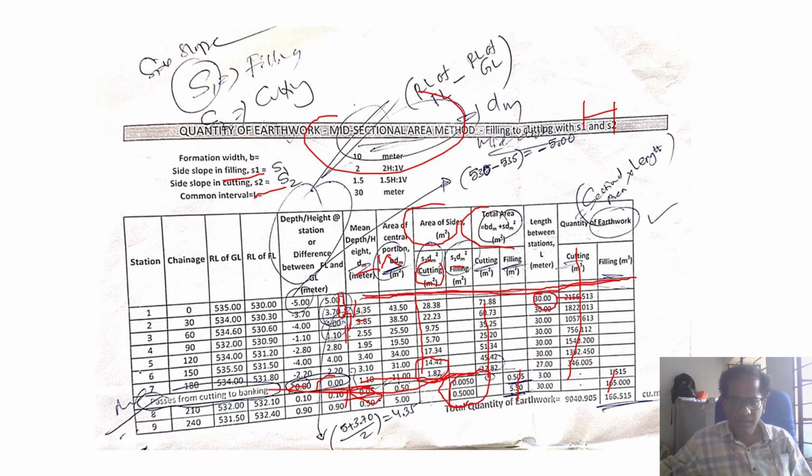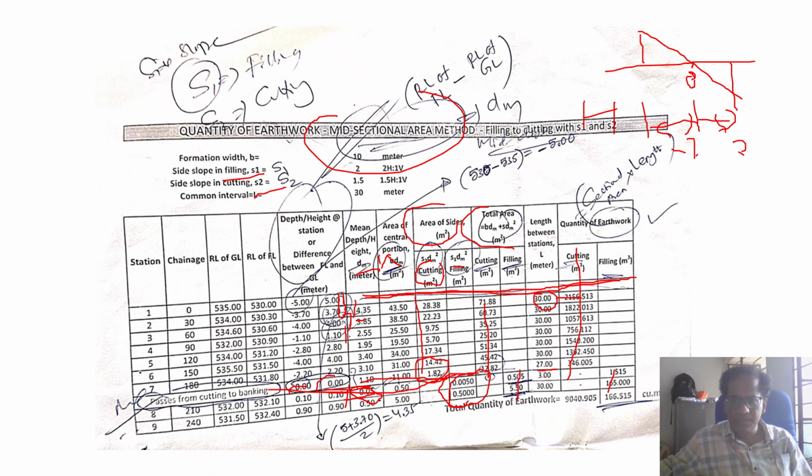One more point: when the line is passing through 0, we have to be very careful in writing the lengths, because here it is crossing at 27 in the cutting portion, whereas in the filling portion only 3 is there.